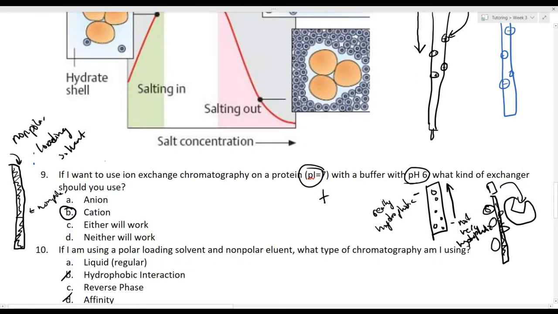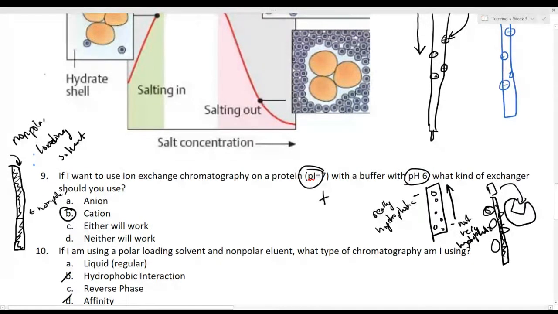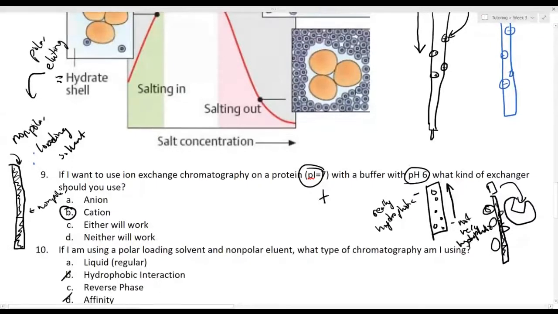So what I'm going to do is pour in a polar eluting solvent. What an eluting solvent does is push your stuff down the column. So the polar eluting solvent is going to push the things that are polar down with it, and the non-polar is going to push the non-polar stuff down with it.